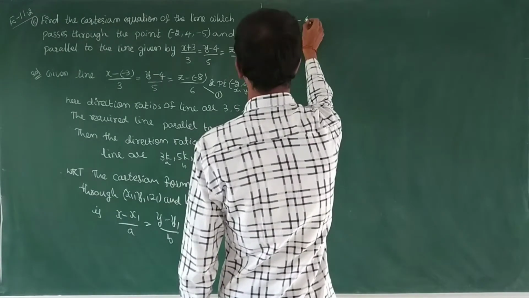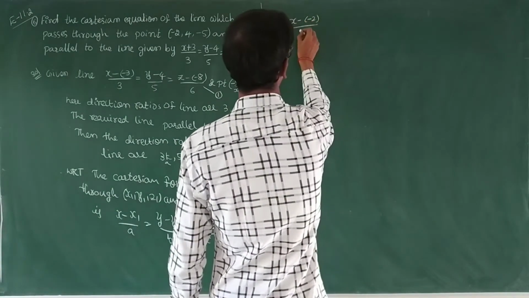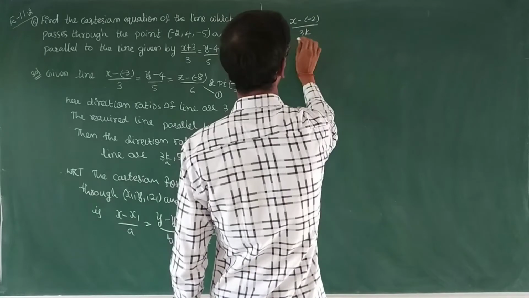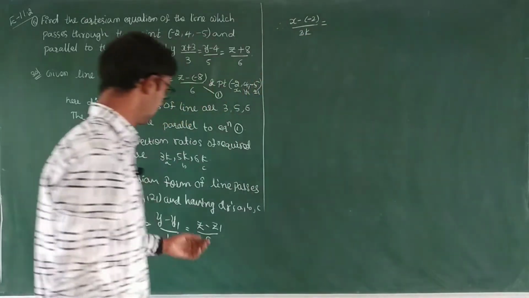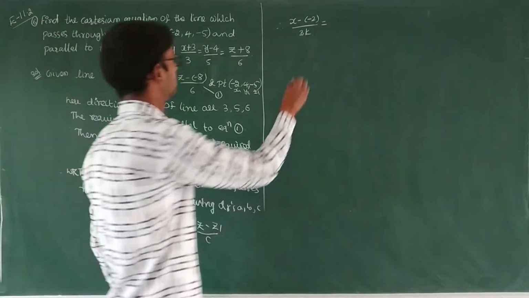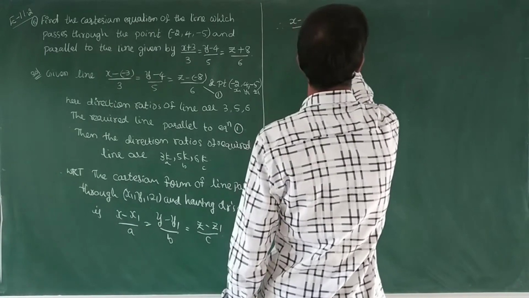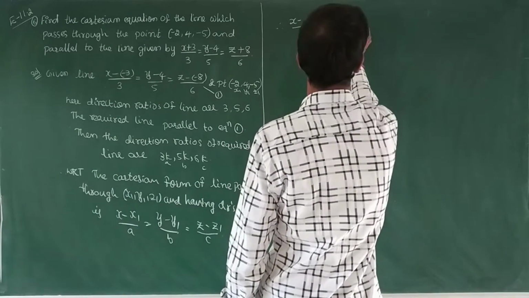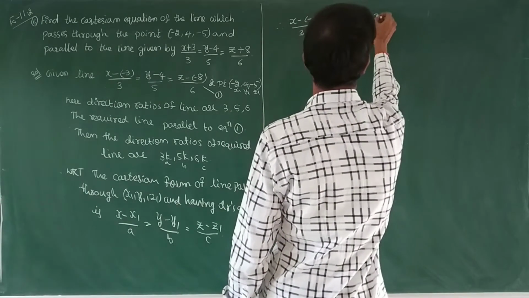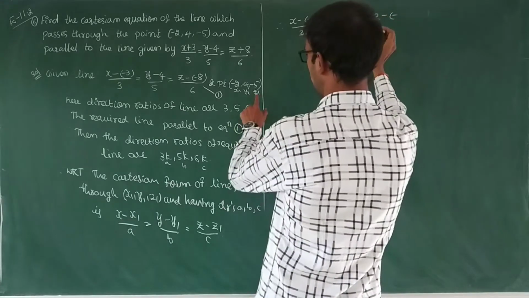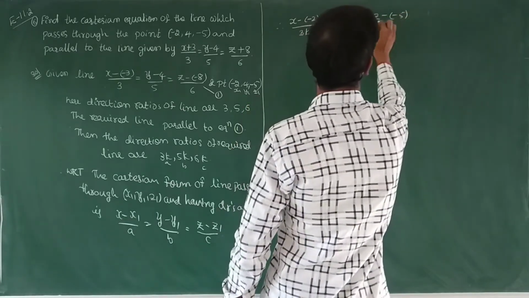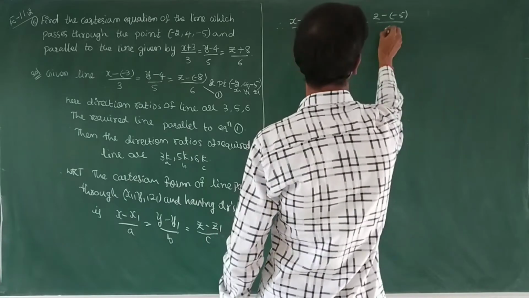Therefore, (x-(-2))/3k = (y-4)/5k = (z-(-5))/6k.